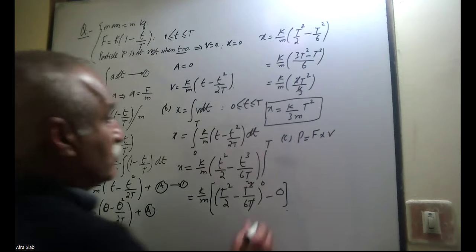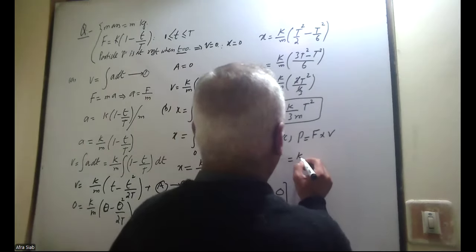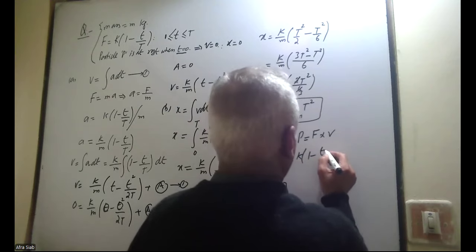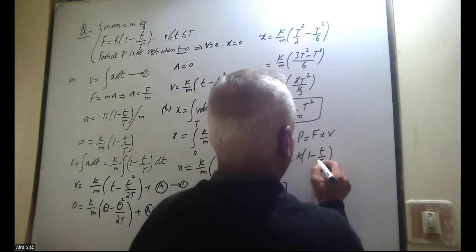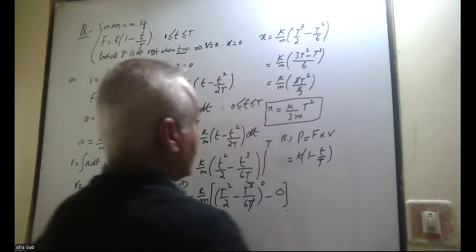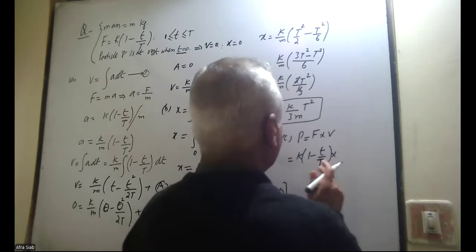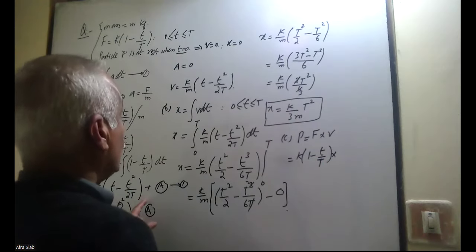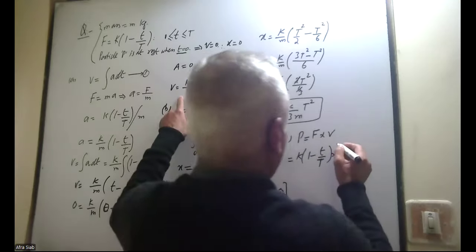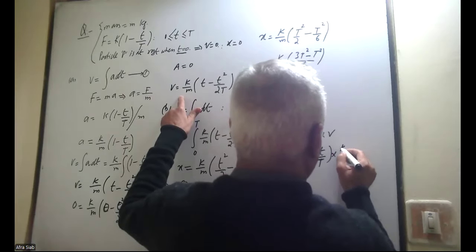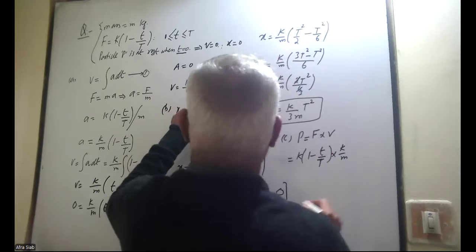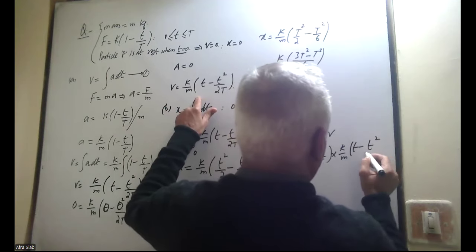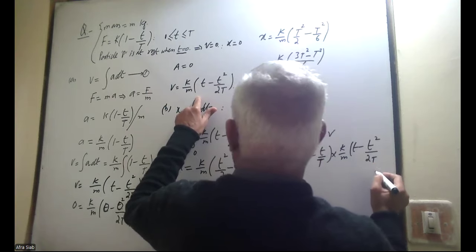The force is equal to k(1 - t/T) into the velocity v, which is given by k/m (t - t²/2T).